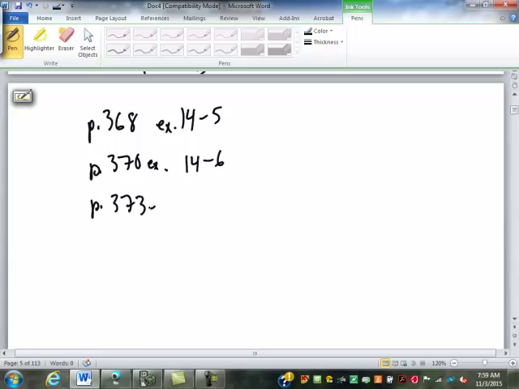Page 373, exercise 14-7. Now, these first few sets are really simple, like just adding or subtracting or multiplying, so they'll go fast. And then on page 375 through 376, this is really a little bit more difficult. Exercise 14-8.